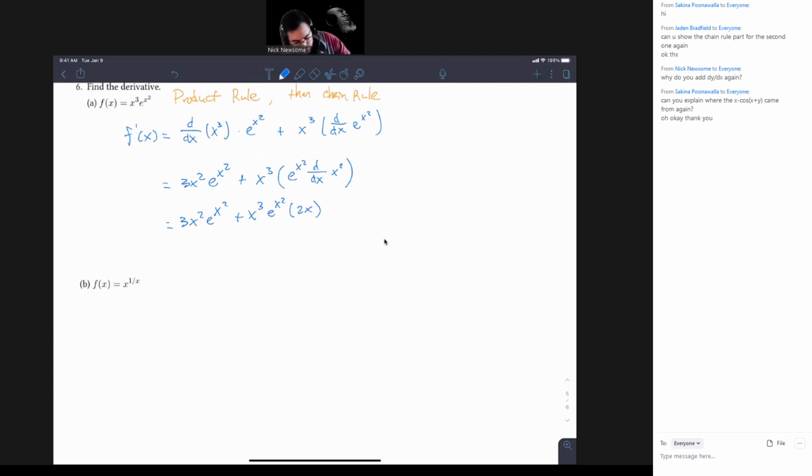So our function is x to the 1 over x power. All right, it's not a power rule because there's an x in the exponent, but it's also not that standard number raised to the x either because there's an x in the base. So the only way that we can really handle this thing is using that logarithmic differentiation that we did before.